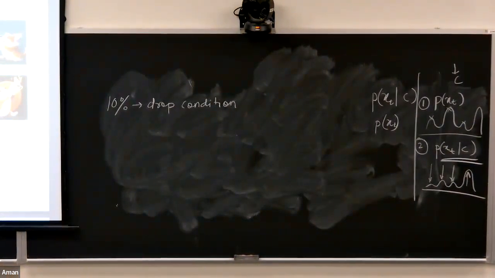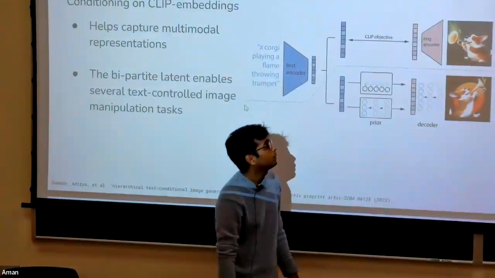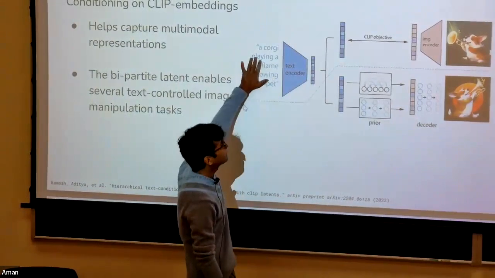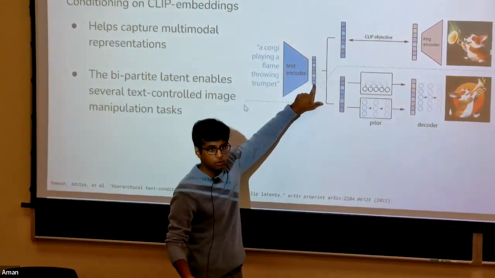So when we want to condition the model on this text, we want this representation of that text to be as accurate to the text as possible, right?